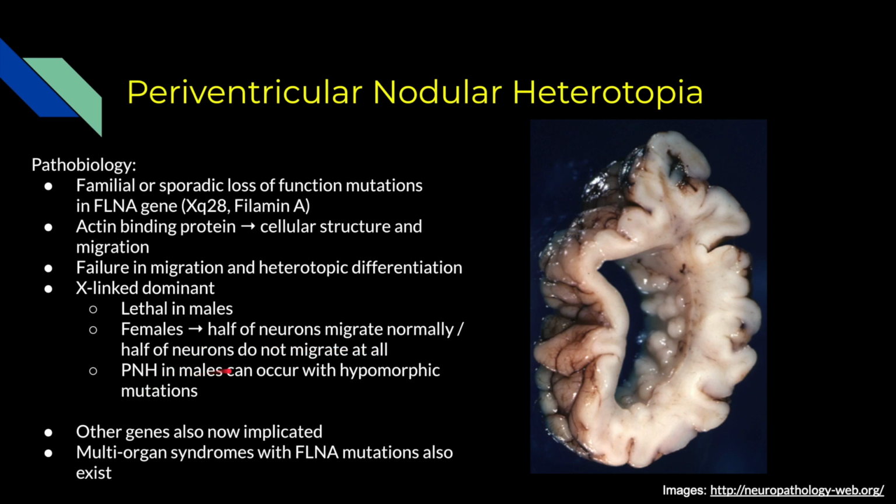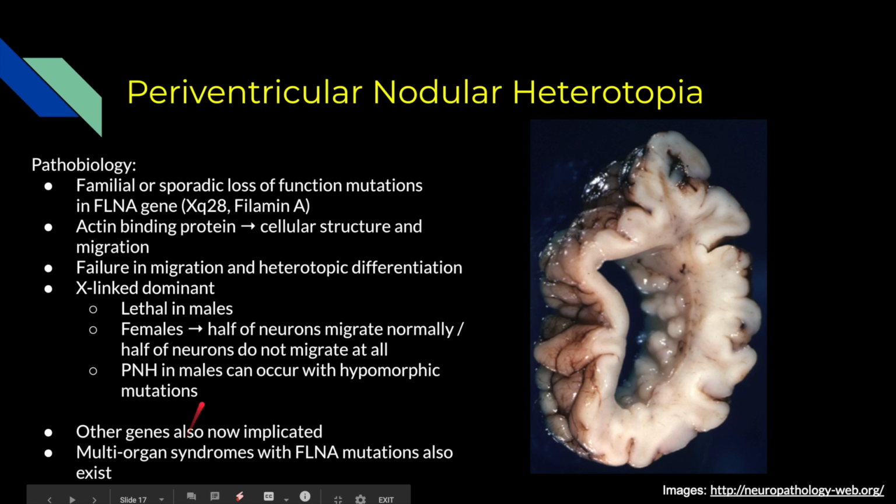There are, however, hypomorphs or other mutations, as we'll see, that can foster sufficient migration to make males also compatible with life. So again, the rules keep changing as we see more and more of these cases.